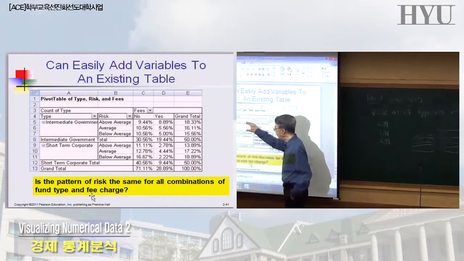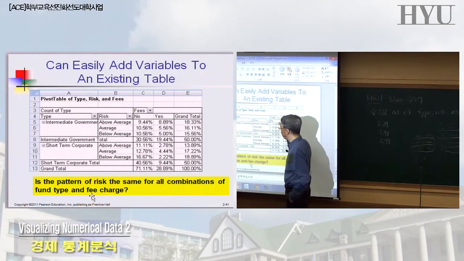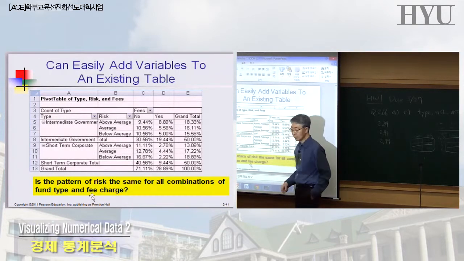Here we had the type, risk, fees, and the count of either fee charging fund or intermediate government fund, and we separated them into 3-level risk categories.